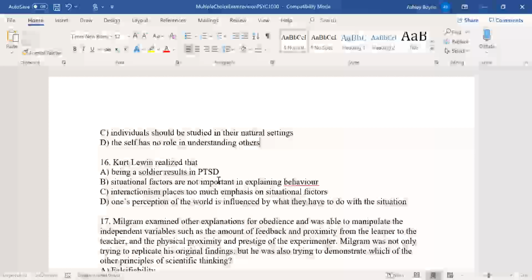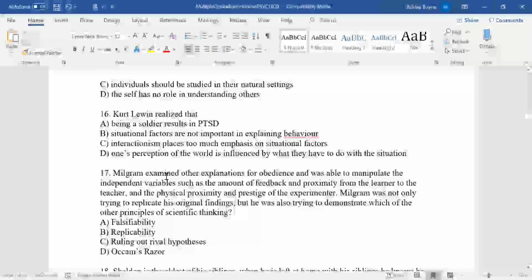So someone says A. Lauren says B. Okay. Lots of different answers. So the actual answer is A. It is variability.